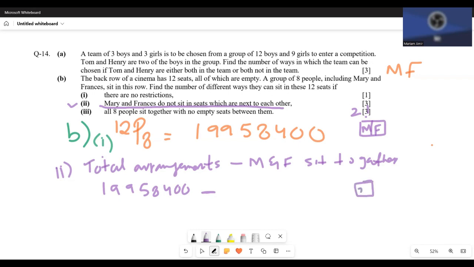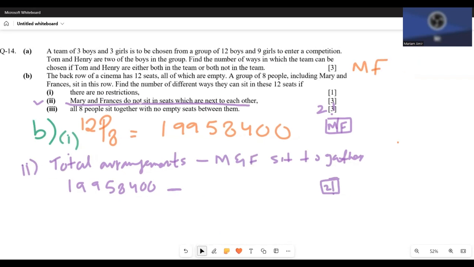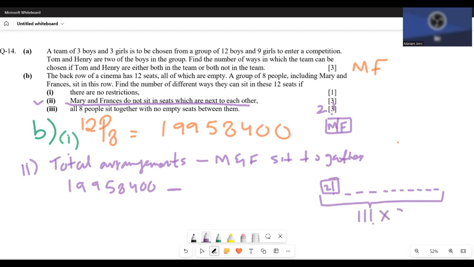And then there are 11 spots if this is considered as a single group. So it's 11 factorial times 2 factorial from the group, divided by the empty seats, because empty seats would be considered as repetition.